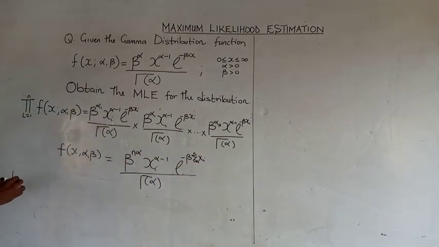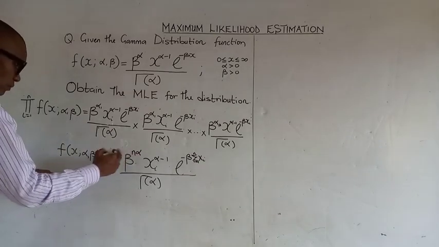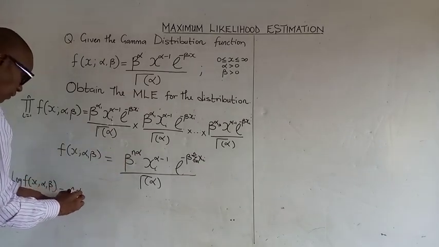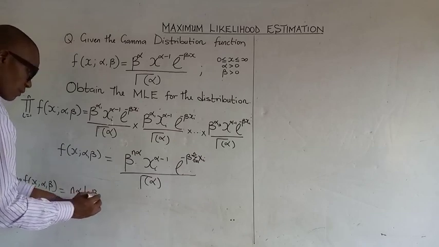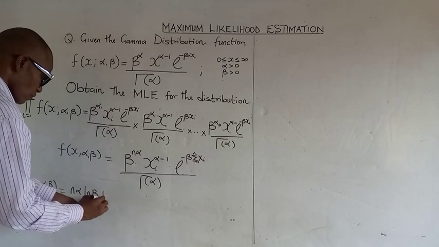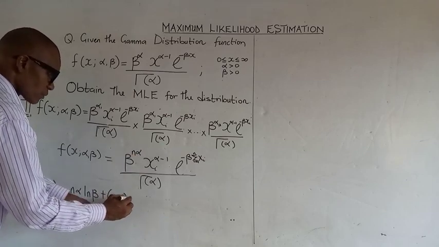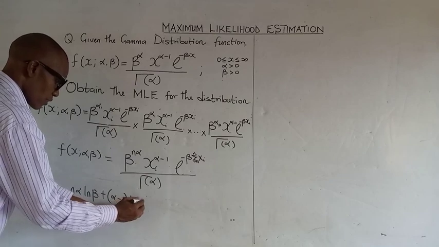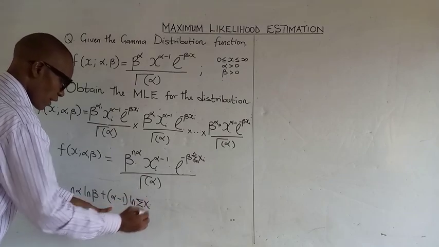The next thing we do is to take the log. So the log of this function is equal to n alpha log beta, plus alpha minus 1 times the summation of log xi.